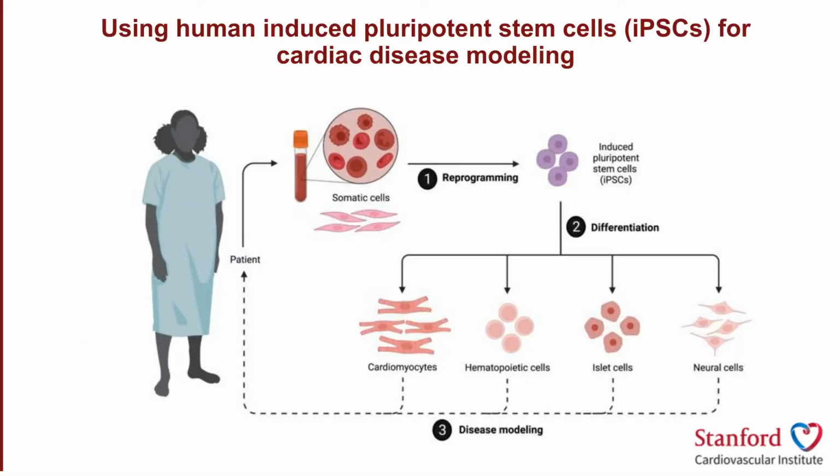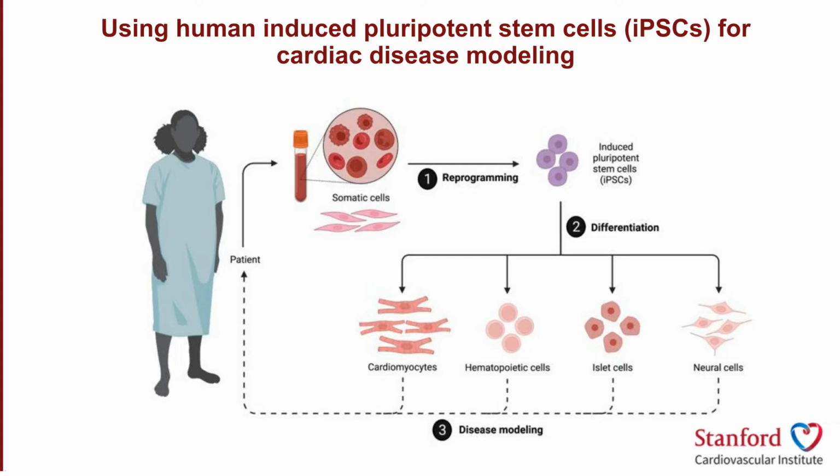So how exactly do we do this? Here is a general overview of our iPSC pipeline. We start with somatic cells from patients, usually in the form of blood or skin fibroblasts, because those are easy to extract, and we reprogram them into iPSCs.